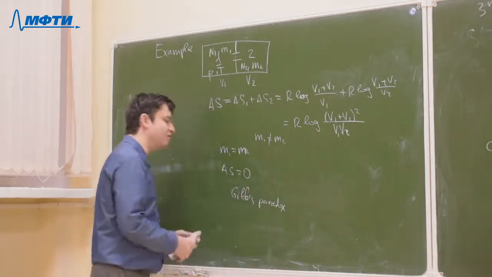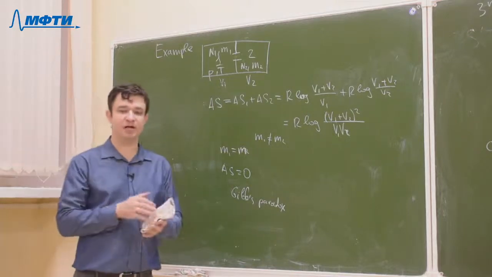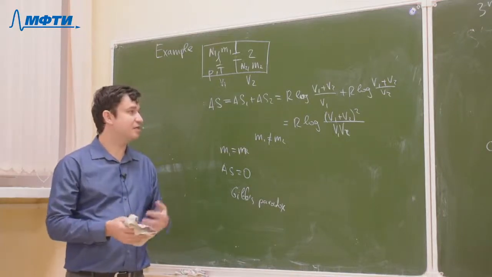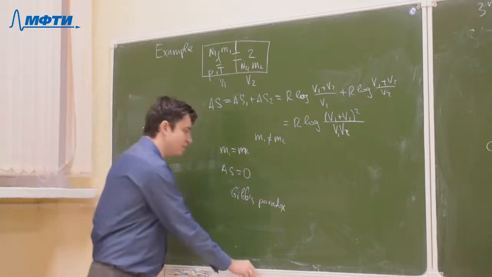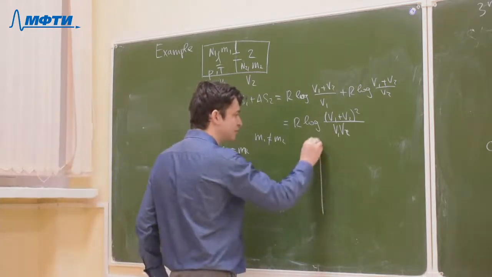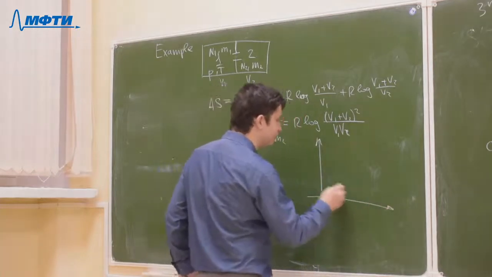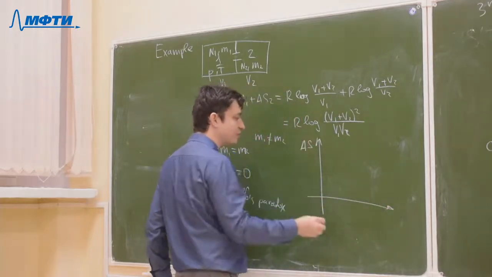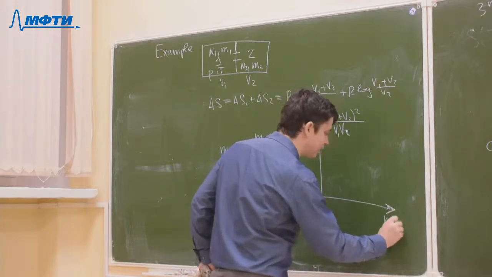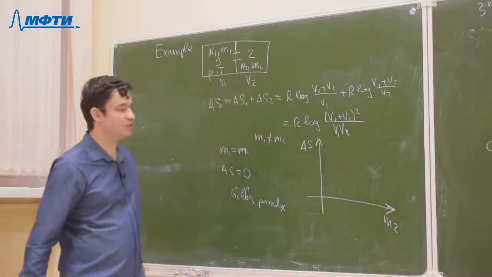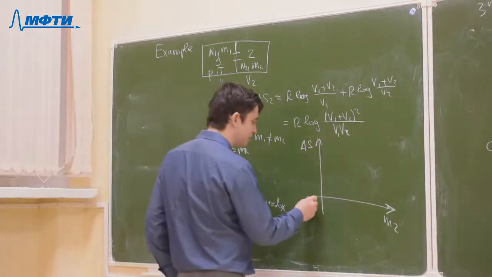It was discovered when people studied the concept of entropy. Let's say we want to study the function delta S as a function of the mass of a molecule in vessel number 2.